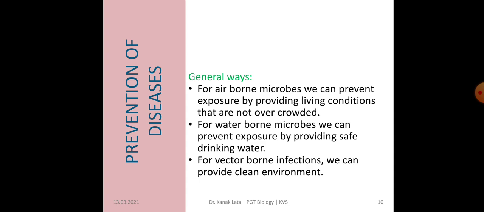Now the next topic is prevention of diseases. There are two ways. One is the general ways, another is the specific ways. First we will discuss the general ways. For airborne microbes, we can prevent exposure by providing living conditions that are not overcrowded. We should not go to crowded places.